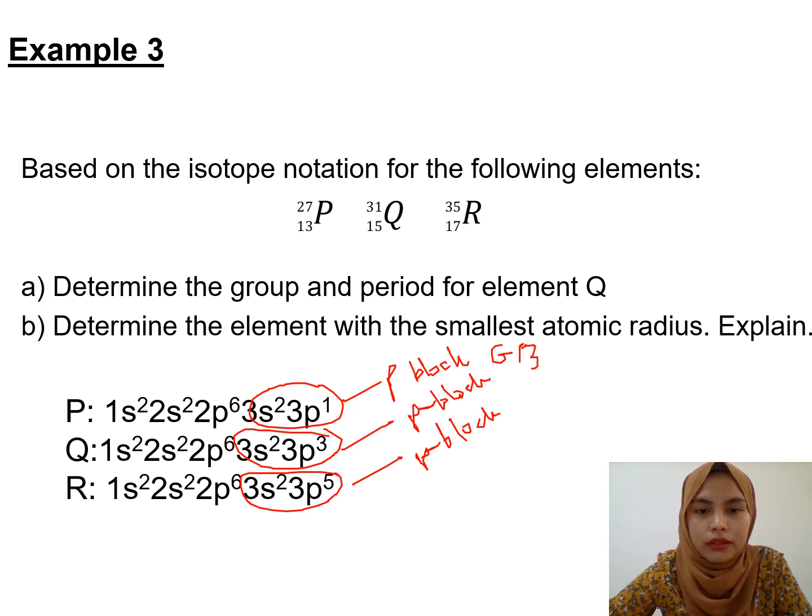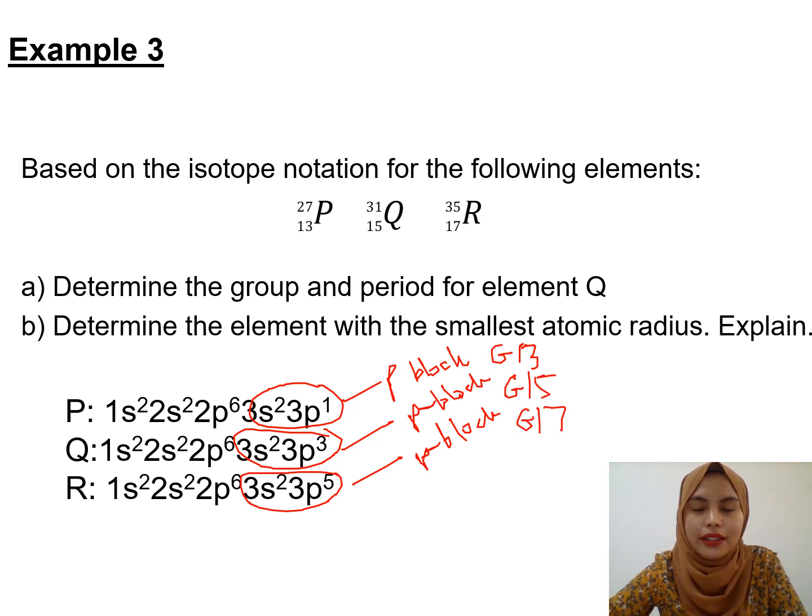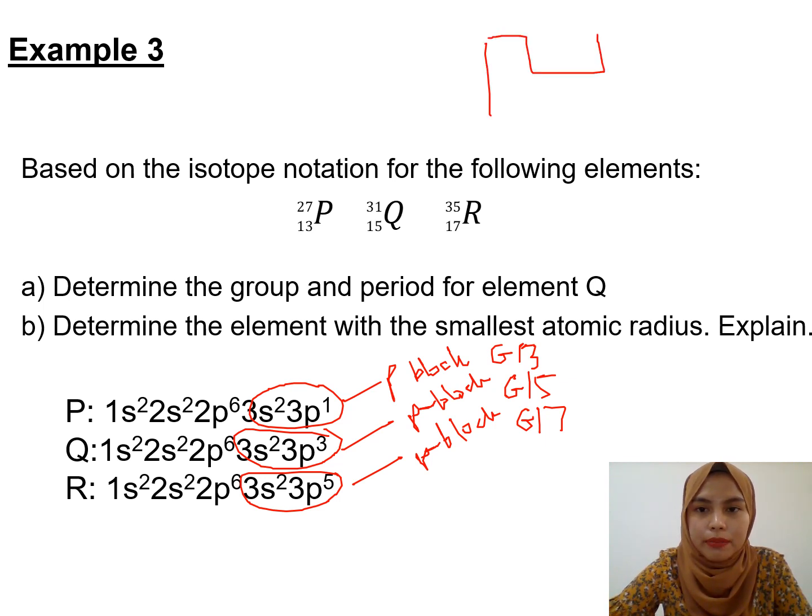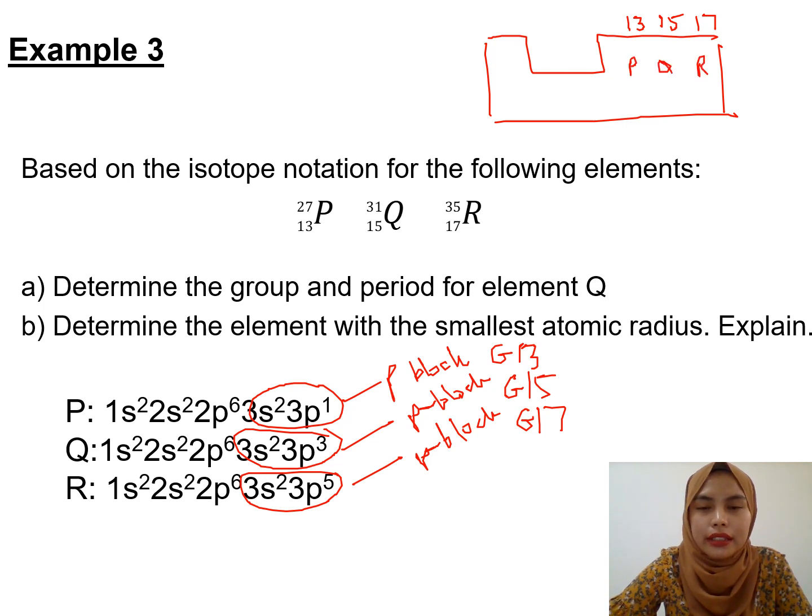Q berada di group 15. R berada di group 17. So if let's say you susun P, Q dan R dekat periodic table of elements, if let's say this is group 13, group 15, group 17, this will be your P, Q and R. And di period yang ketiga. Okay, so barulah boleh jawab soalan.